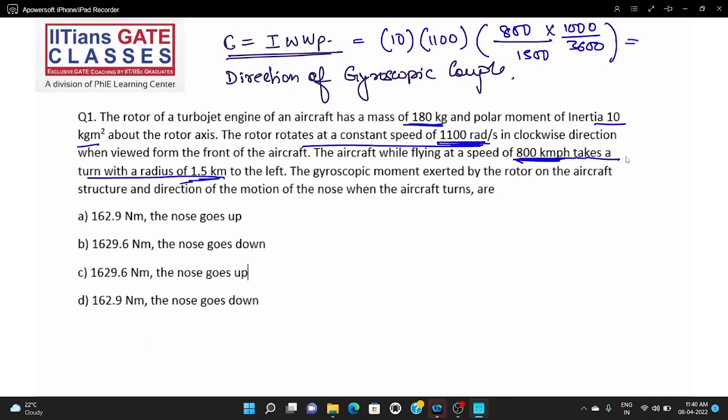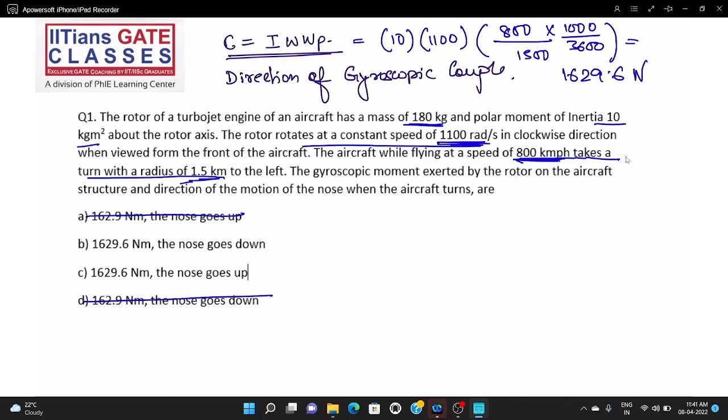If you do this, your answer will be 10 into 1100 into 800 into 1000 divided by 3600 divided by 1500, which is coming out to be 1629.62, so 1629.6 Newton meter. So definitely the answer is going to be among B and C.